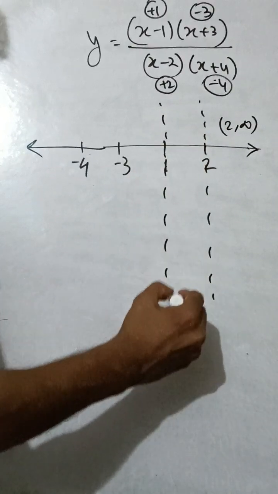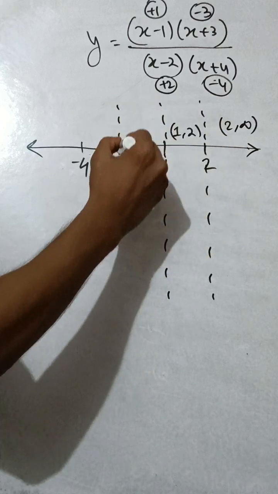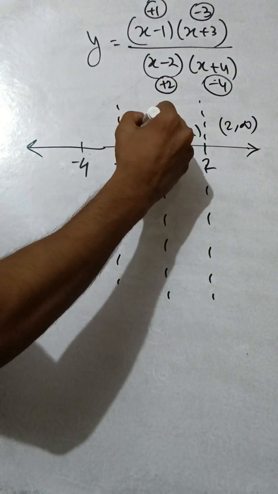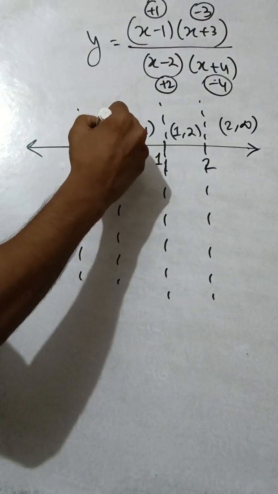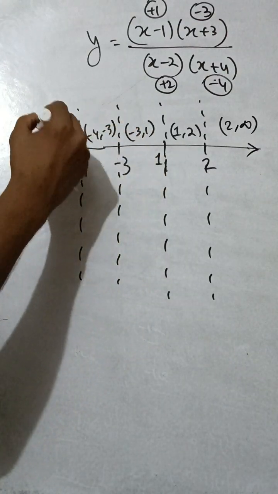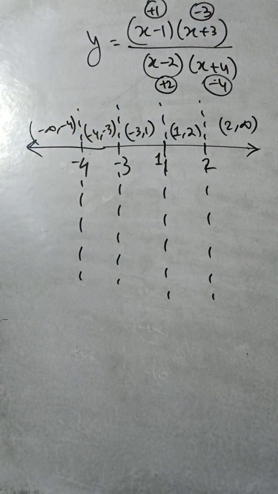The other region is 1 to 2. The third region is -3 to 1, the fourth region is -4 to -3, and the fifth region is -infinity to -4. So these are the 5 regions that we have divided our entire real line into.